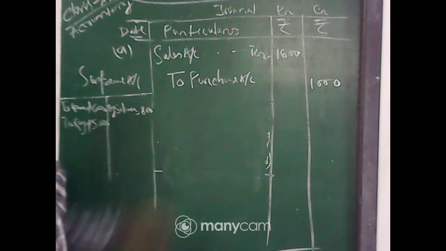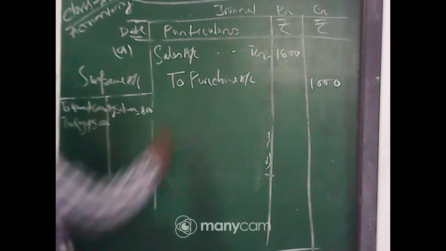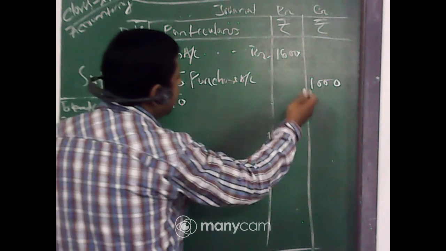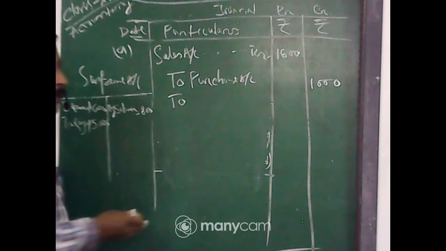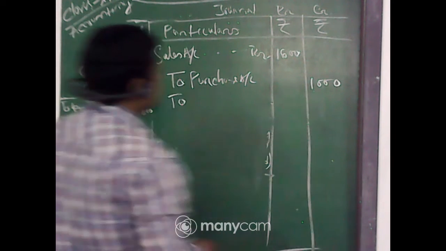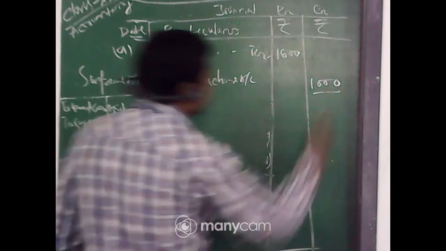So the journal entry rule is not followed here. Another account should be credited if the debit amount is not matching with the same amount. As per accounting principle, whatever debit amount there is should be credited with the purchase account. So sales account debit to purchase account, but the purchase amount is 1000. This is the right amount.